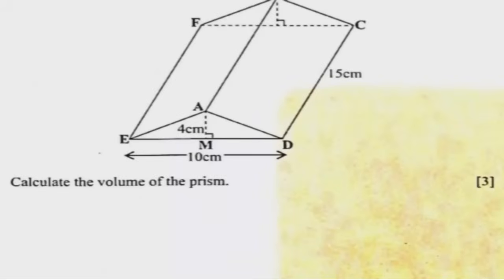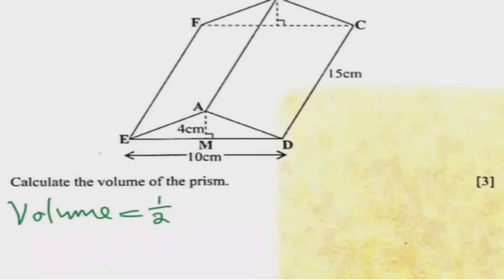Okay, to find the volume of the prism, first we need to find the area of the base, this one side of the triangle. So we come up with a formula: volume is equal to 1 over 2 times B times H, the whole of that times L. First we need to find the area of the triangle.